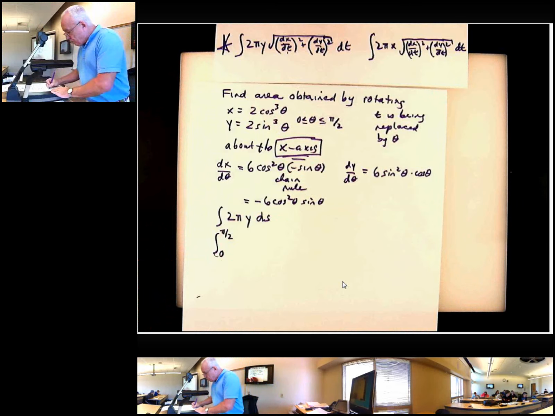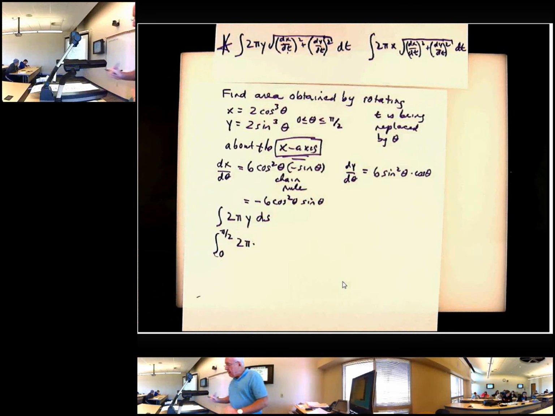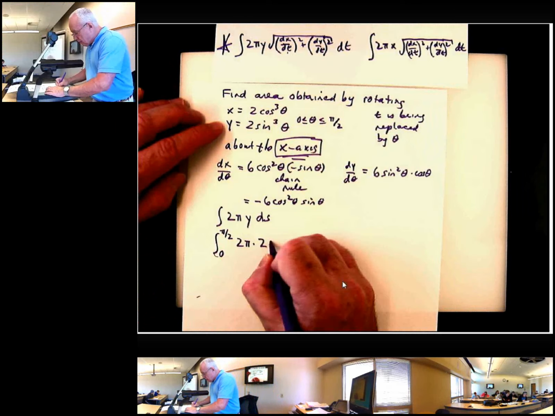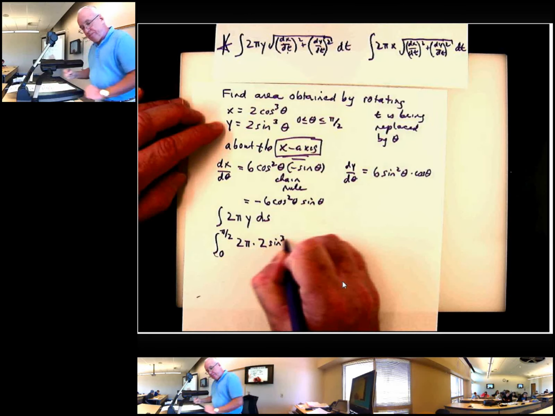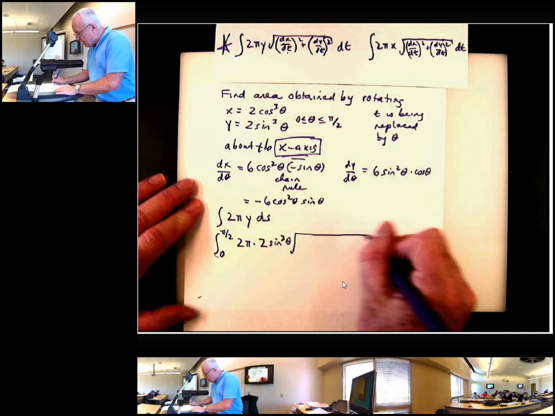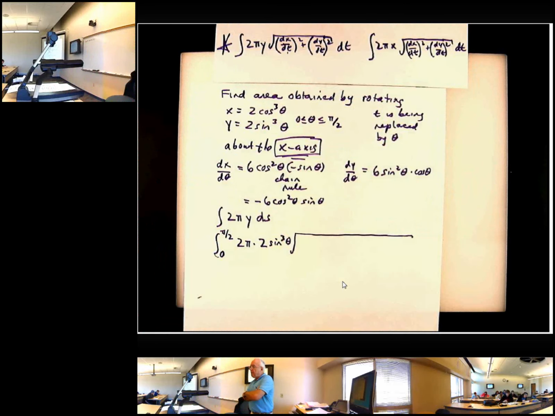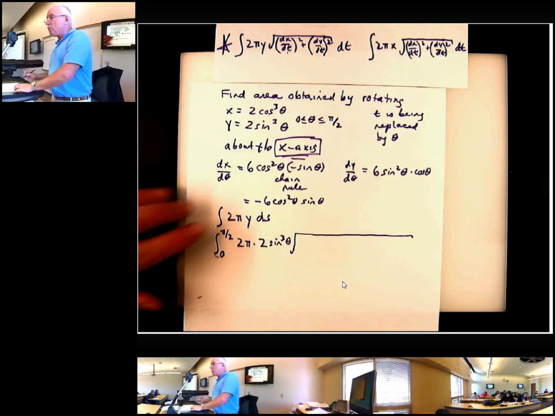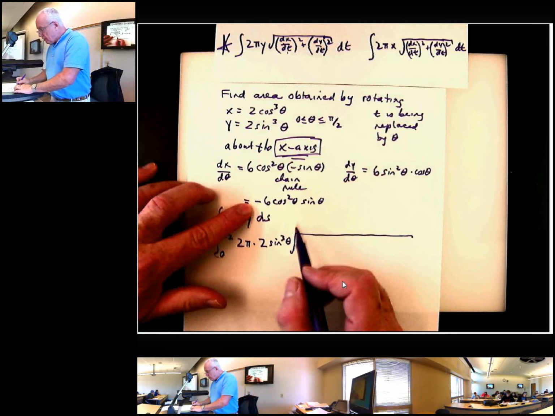Let's write the 2 pi down. Now let's write down what y is: y is equal to 2 times sine cubed of theta. And then let's get a big radical here. We first have to square dx/d theta. So here's what we're squaring.